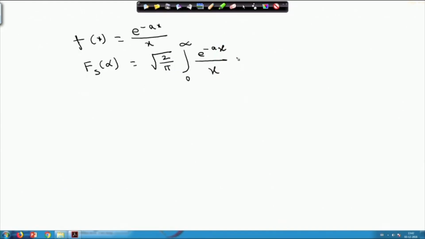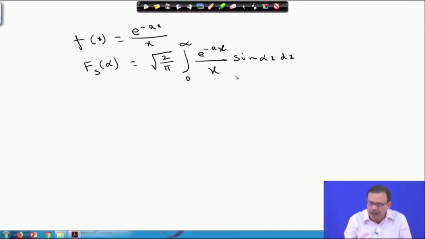So, effectively I have to evaluate this integral, 0 to infinity e power minus a x by x into sine of alpha x dx.